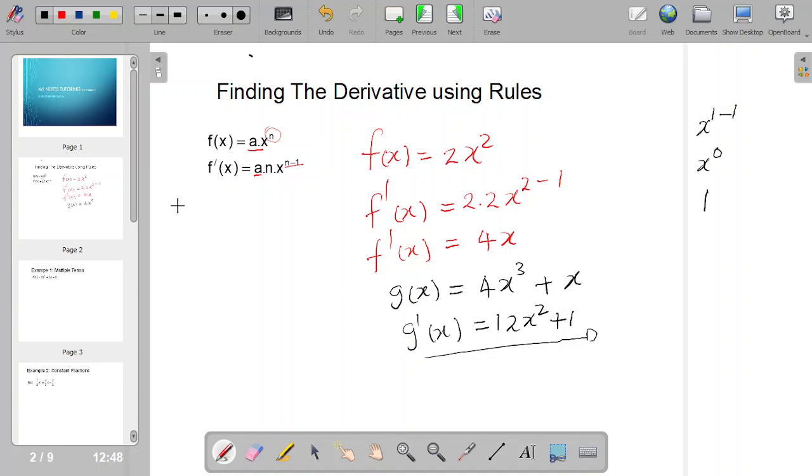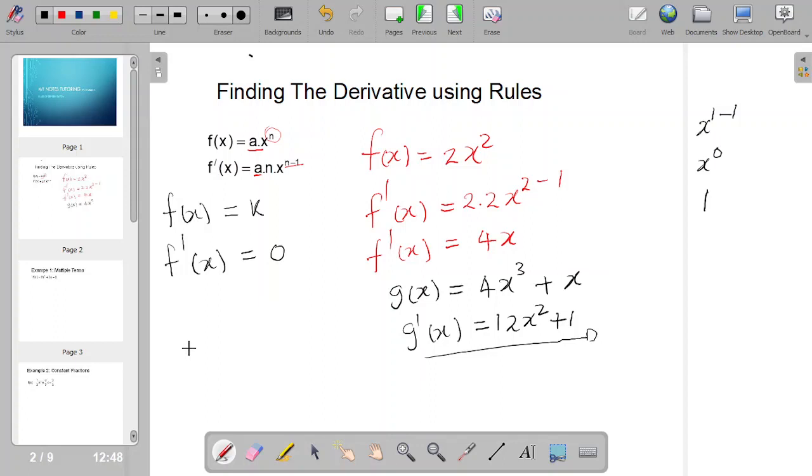But in your rules, there is also an interesting case where you are given f of x equals k, and k is a constant, which means it is just a number. So how do you deal with this situation? Well, the rule says the derivative of a constant is 0.